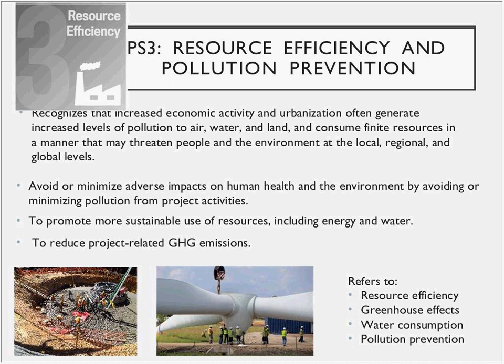So what this standard tells you is to avoid or minimize the adverse impacts that you have on human health and the environment, and minimize the pollution that your activity will provoke. It promotes a very sustainable use of resources, including energy and water, and also urges you to reduce the emissions that you are releasing into the environment.